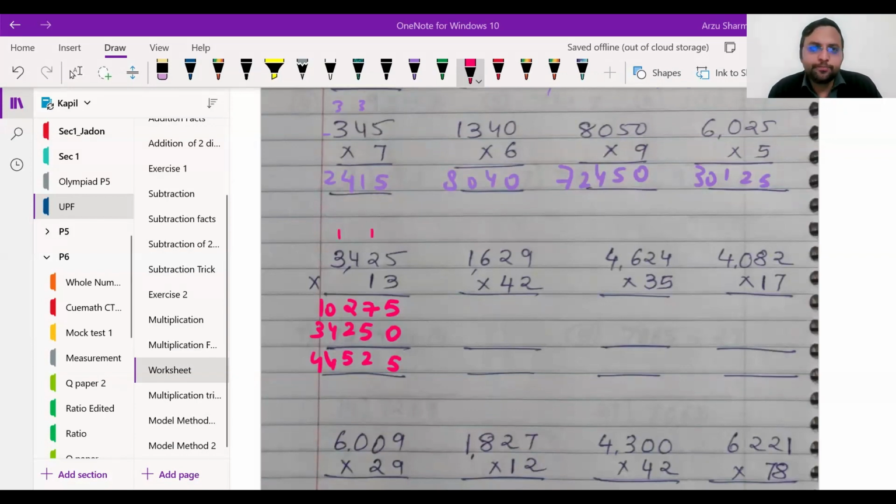Yes, Sujal, correct. Swastik, correct. Others, Vihan, Sharanya. Parth, okay, correct. Fine, good. So 9 times 2, 18. Then 5. Okay, then 0. Yes, correct. Solve the next one.